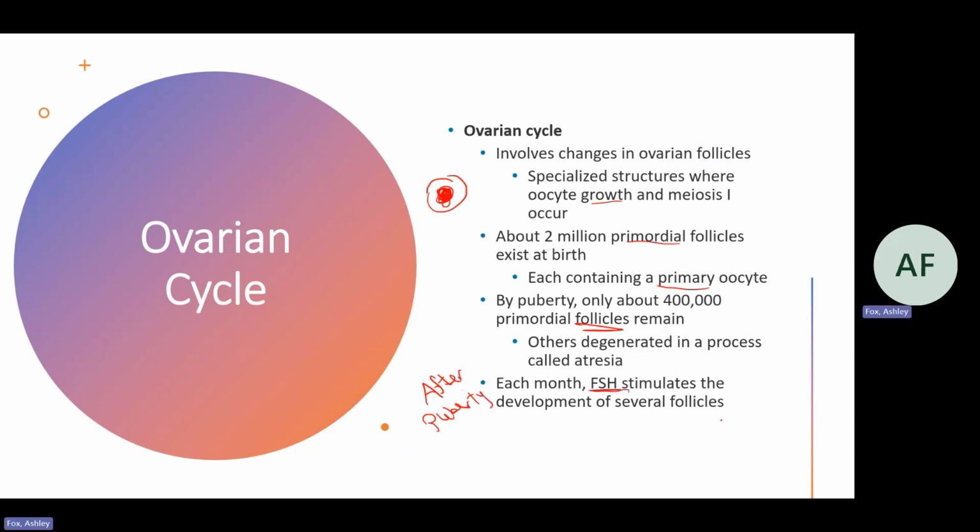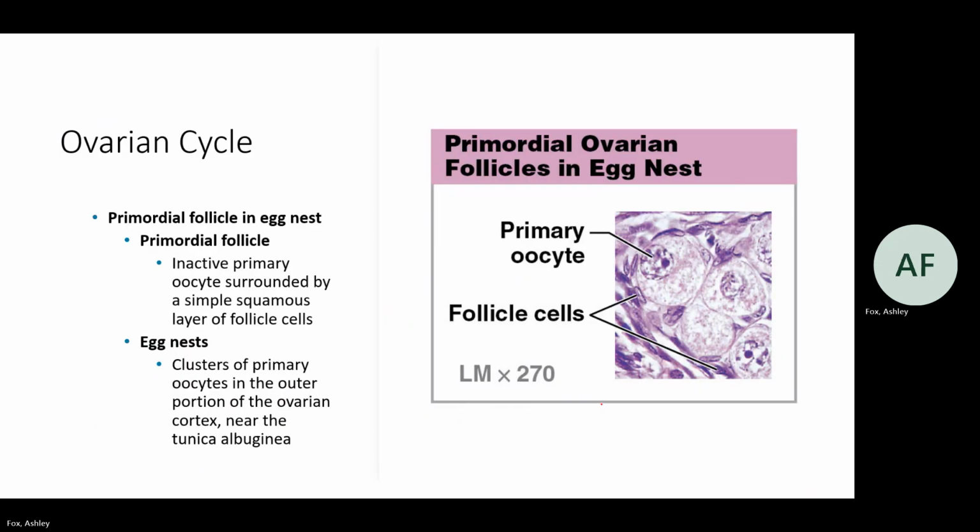FSH is going to stimulate the development of multiple primordial follicles into primary follicles. Primordial follicles are inactive until they're stimulated, and they surround the primary oocyte.